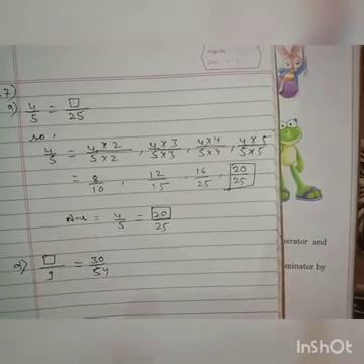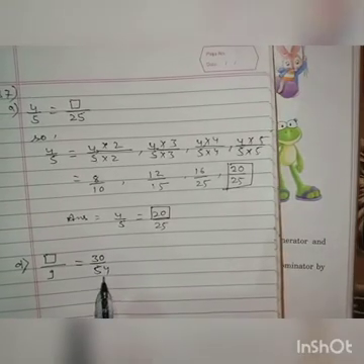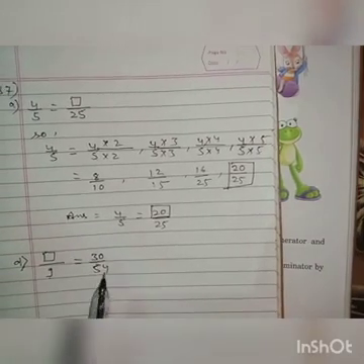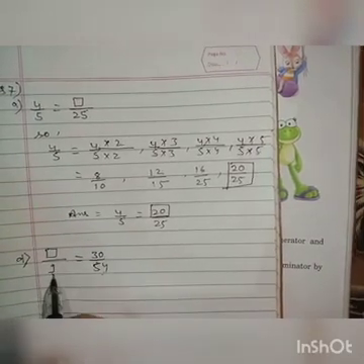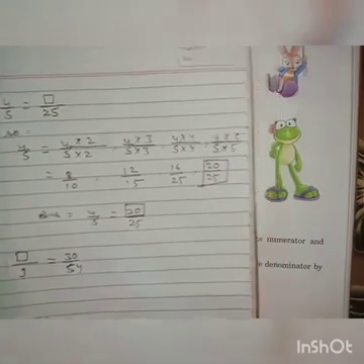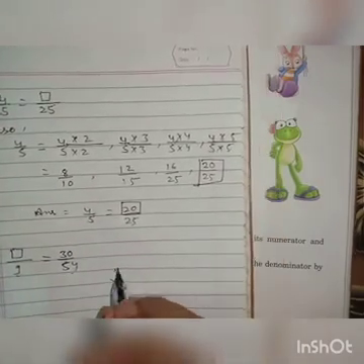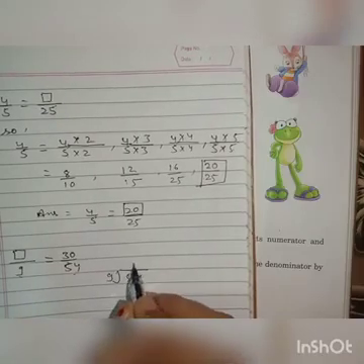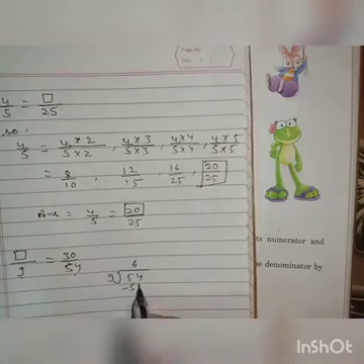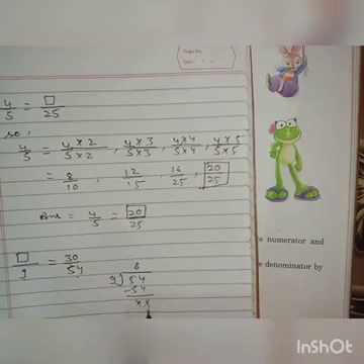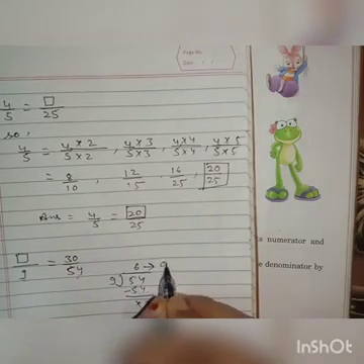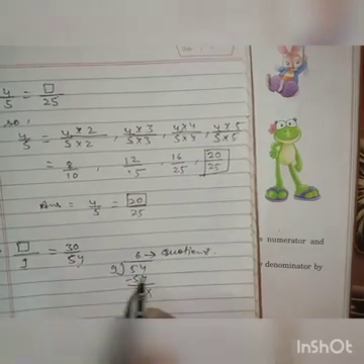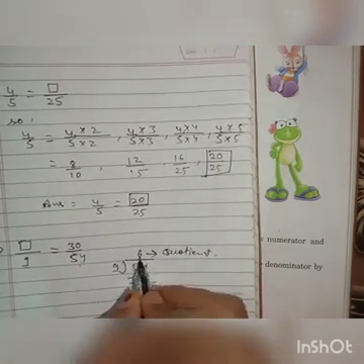For this, we have to divide the given denominator 54 by 9. Thus, we get like this. 54 divided by 9. 9 sixes are 54. And we get the quotient 6.